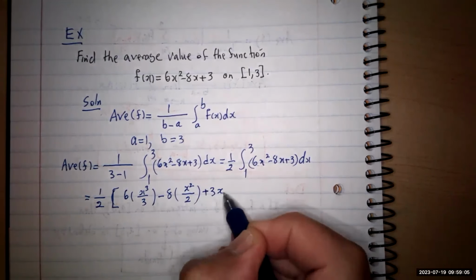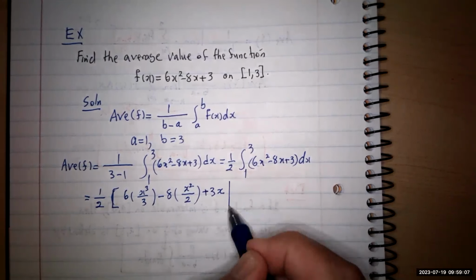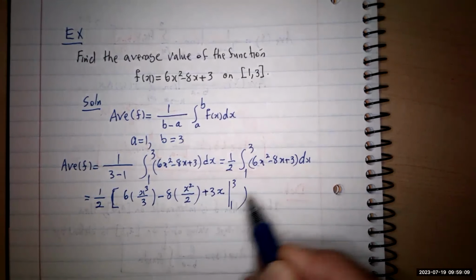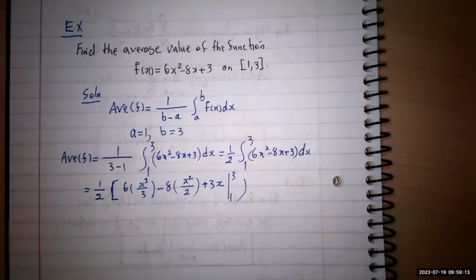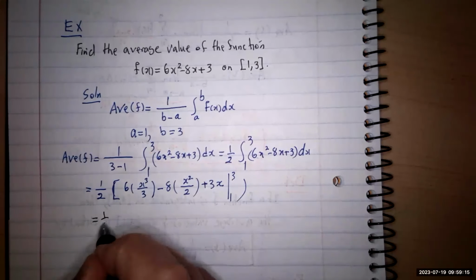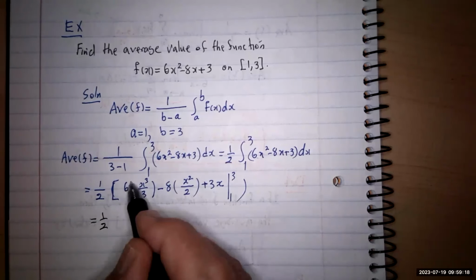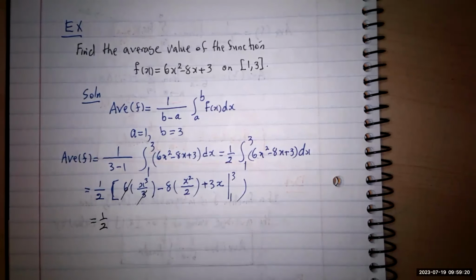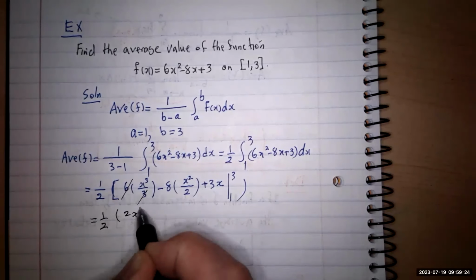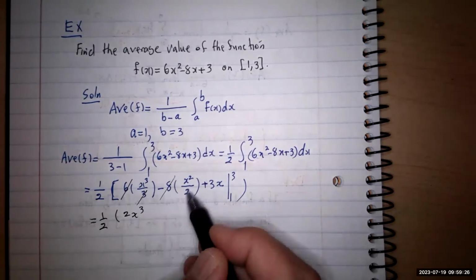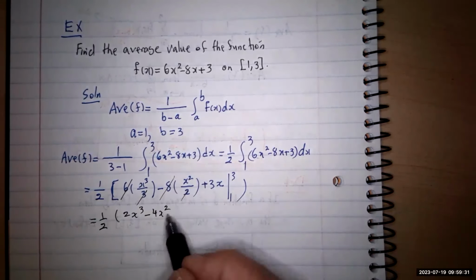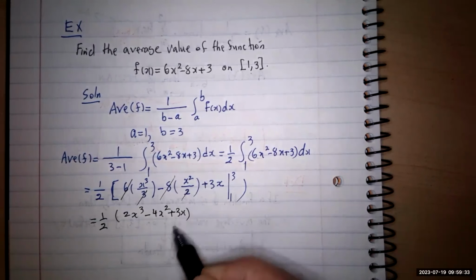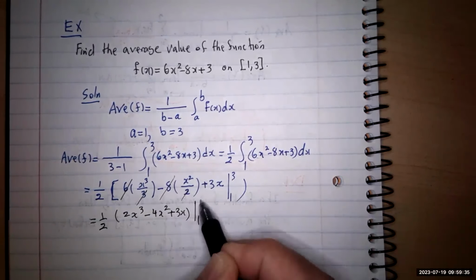No constant c, but you have to evaluate it from 1 to 3. Simplify it first, then substitute. 1/2, so you simplify these two, that gives you 2x cubed minus 4x squared plus 3x, to be evaluated from 1 to 3.